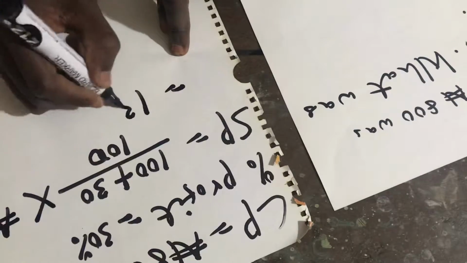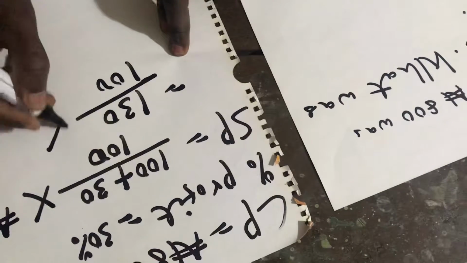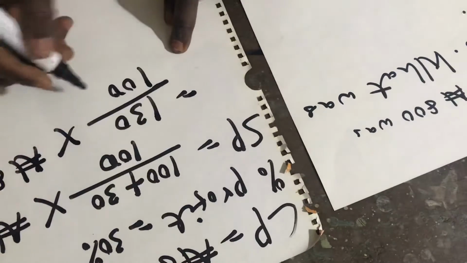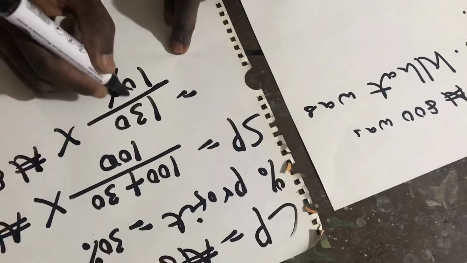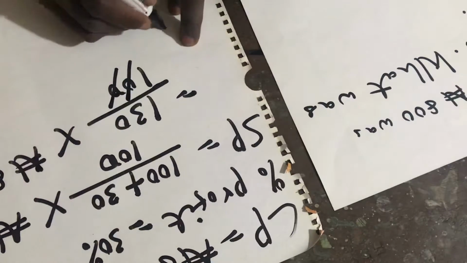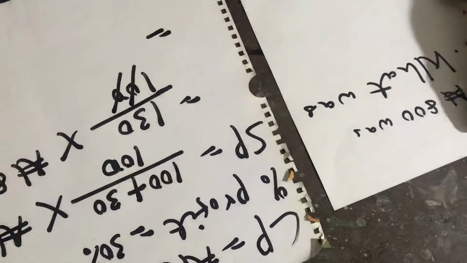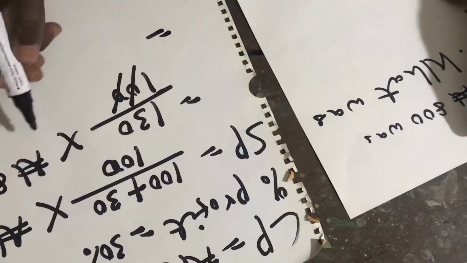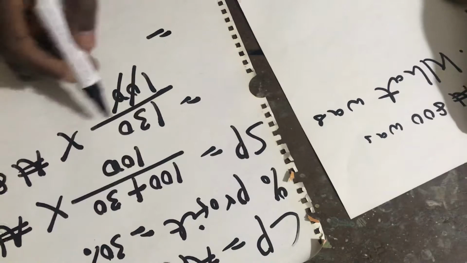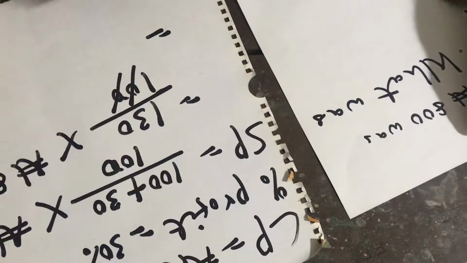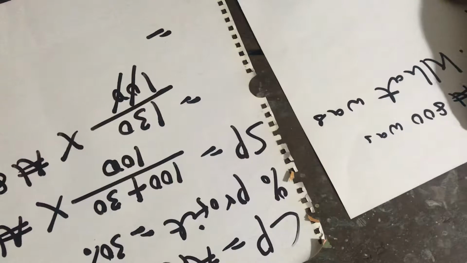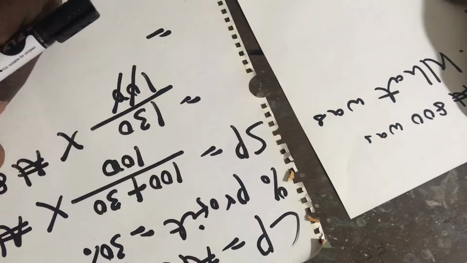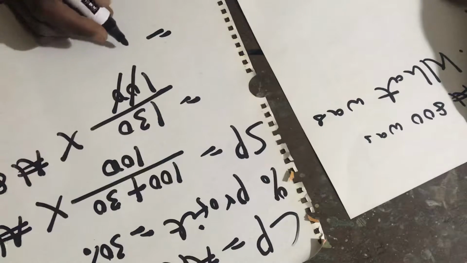And what does that mean? 130 over 100 times 800 naira. Then we begin to cut: 0 cancels 0, 0 cancels 0, and our answer is 130 times 8, which is 8 times 100, 800, plus 8 times 30, 240, that's 1040 naira.